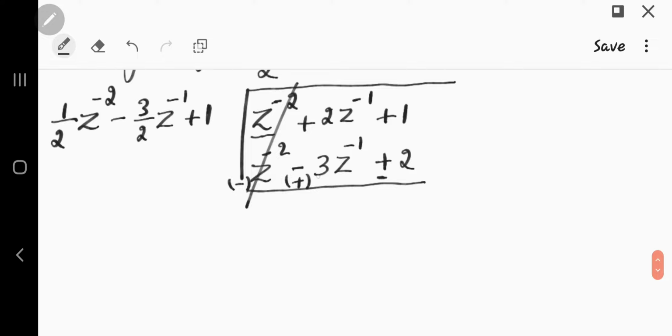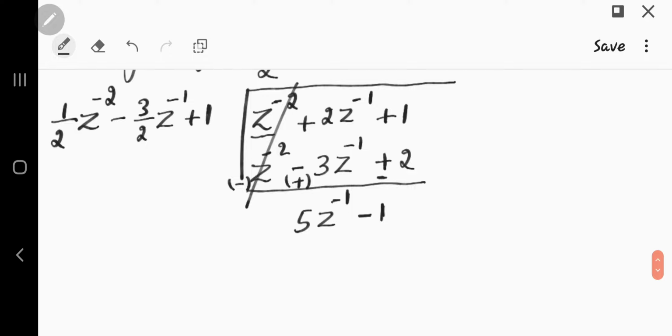Now plus 3z plus 2, we have common powers here. So that means we'll get 5z inverse, and this one is plus and this one is minus, so you'll get minus 1. And if you observe, now the power of this divisor is 2 and this remainder power is 1. So that means we can't go further here.